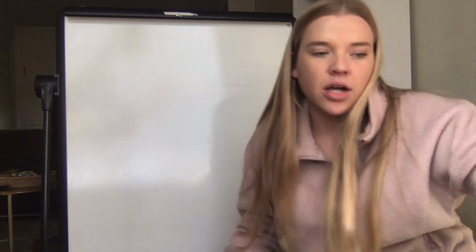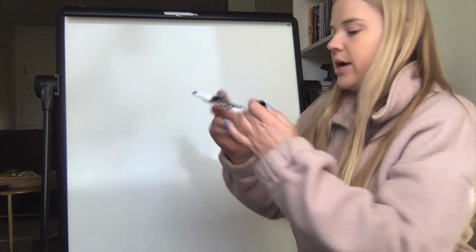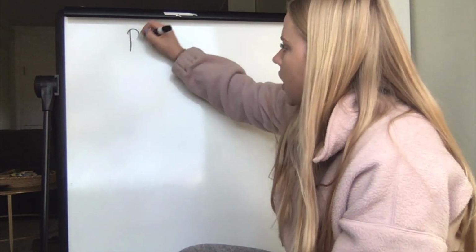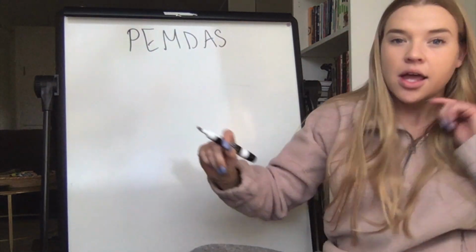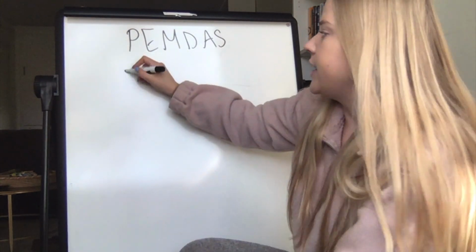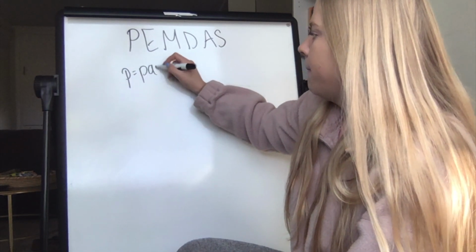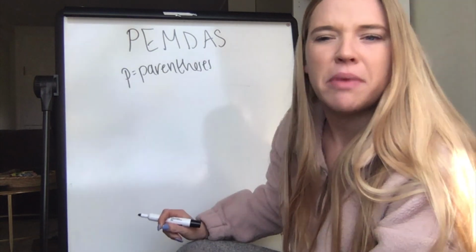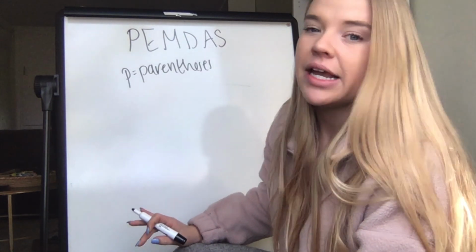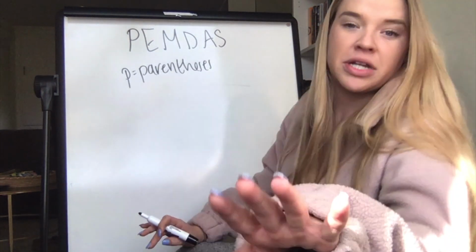When we're using PEMDAS, I'm going to write PEMDAS up on the board. That is really great handwriting. PEMDAS, the P stands for parentheses. I don't know if that's how you spell parentheses. It's messy anyway, so pretend it's right.